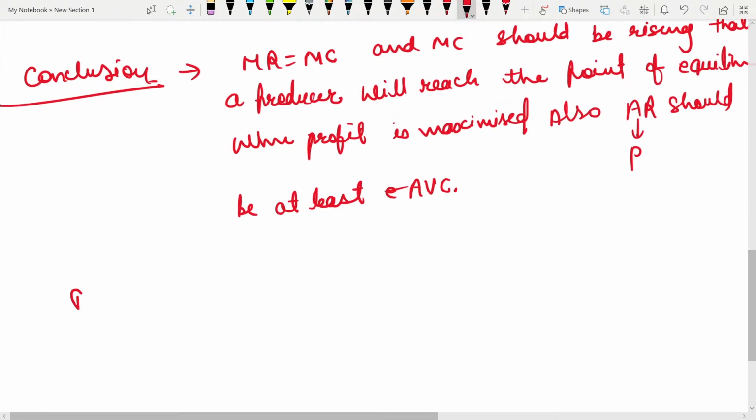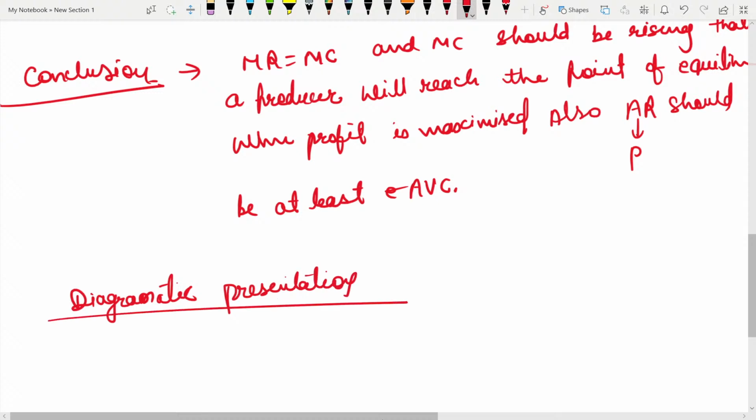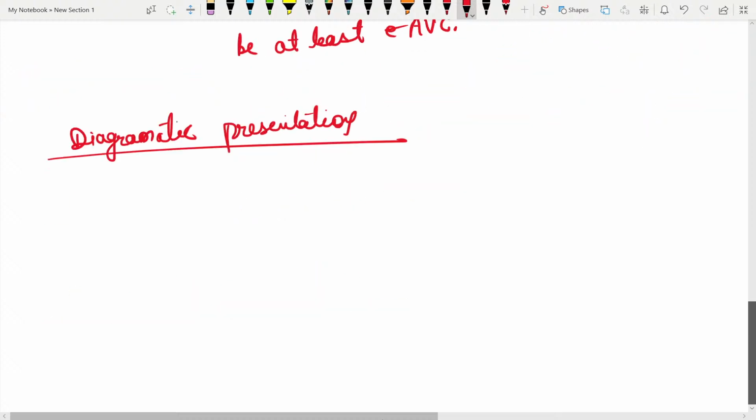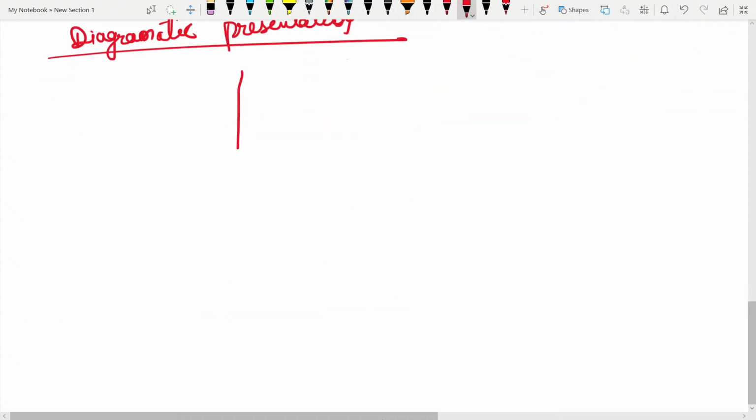Now we see the diagrammatic presentation. Let's suppose this is the x-axis and this is the y-axis.